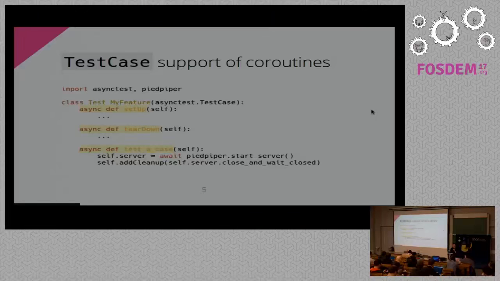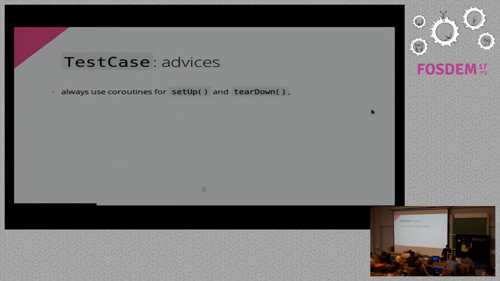So you don't have to manually declare your coroutine function, then schedule it on the loop by yourself. It's all done for you. So you just have to focus on writing your actual test, and not bother with the scheduling and stuff like that. It also works for cleanup functions. So basically everywhere you expect to be able to use a coroutine in a test case, it will work.